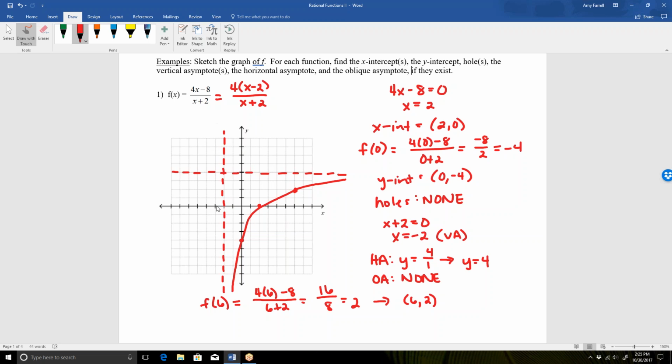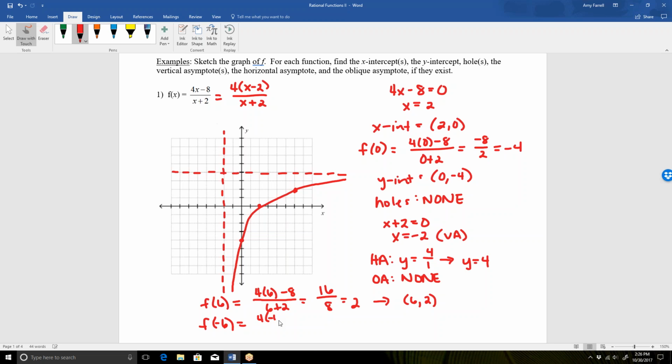Let's find out. So I need to pick an x value somewhere over here, and I want to see what I get as a y value so I know what's going on to the left of the vertical asymptote. So maybe I'll pick negative 6. I picked 6 before, so maybe negative 6.